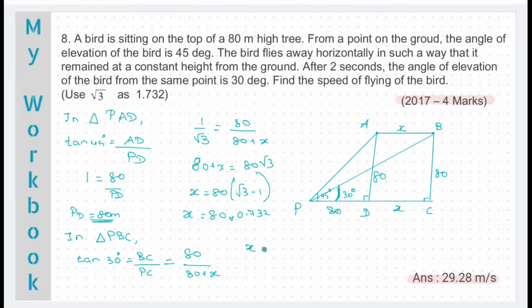So x will be around 58.56 meters. So this is the distance traveled by the bird in 2 seconds. So the speed will be distance by time, 58.56 by 2. So speed will be 29.28 meters per second.